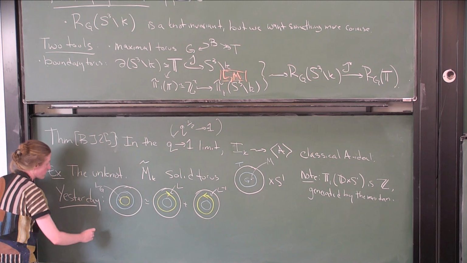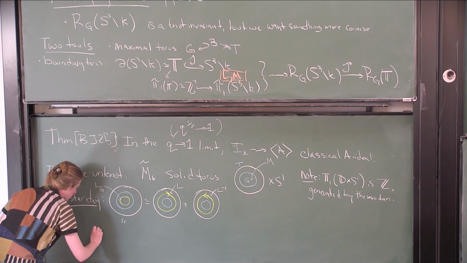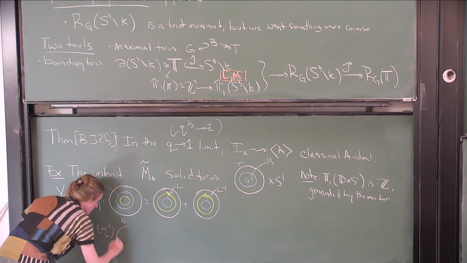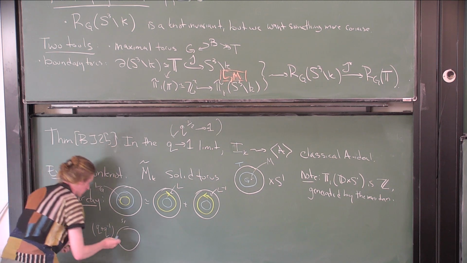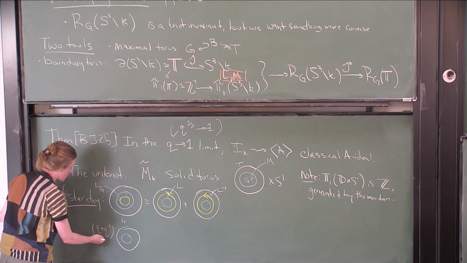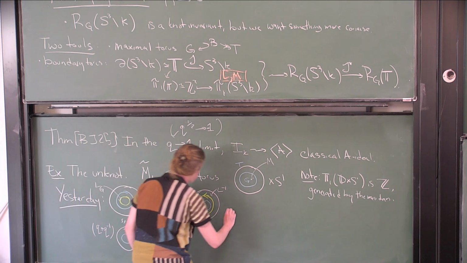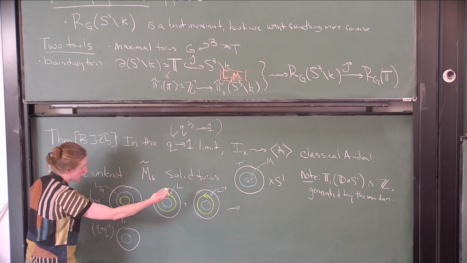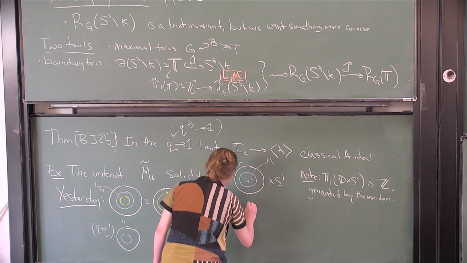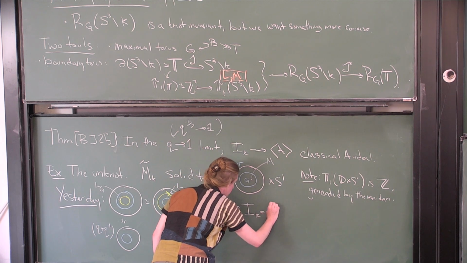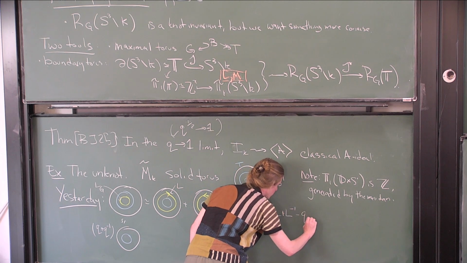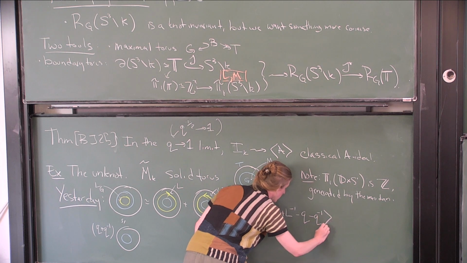This loop is contractible, so this is going to look like Q plus Q inverse, with nothing there. So this and this being equal, and this is true in my thickened torus, the Skein module of my thickened torus, what this means is that my ideal I sub K is going to look like L plus L inverse minus Q minus Q inverse.